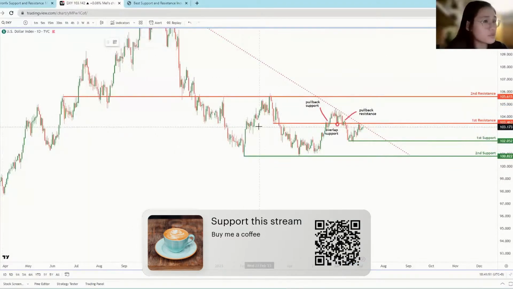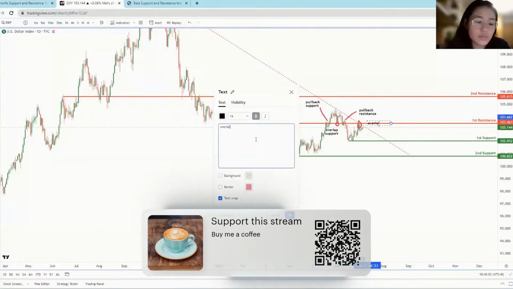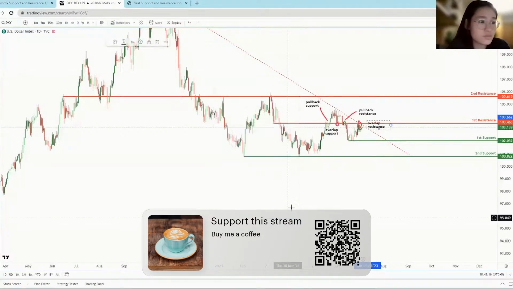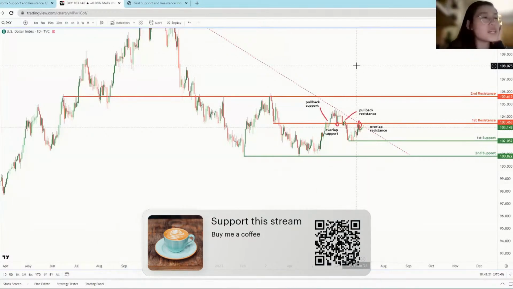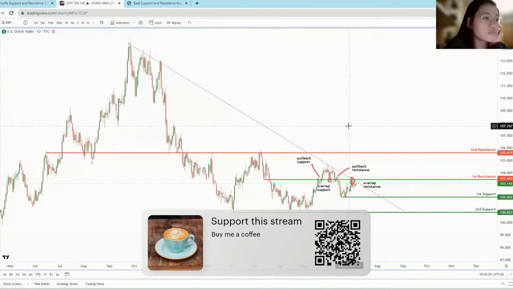Okay. You can see it retrace back to over here. So finally, at the circle, at my last circle, it is an overlap resistance. Okay. I hope this made it a little bit clearer in case you were confused earlier on.